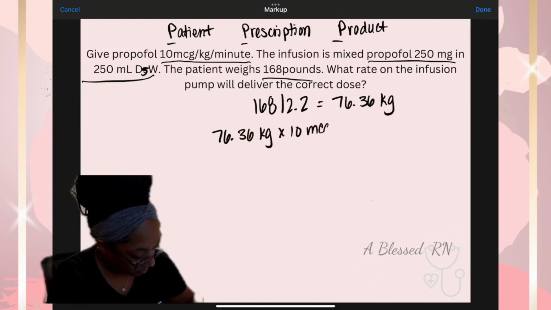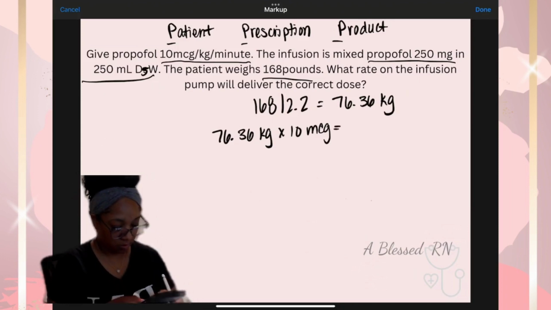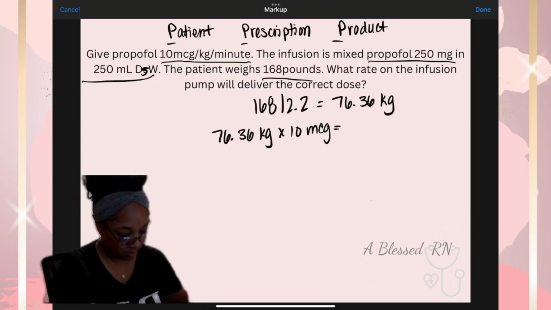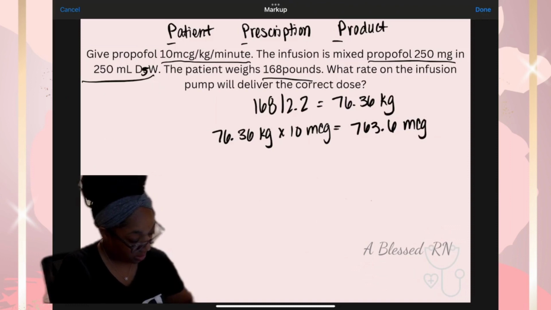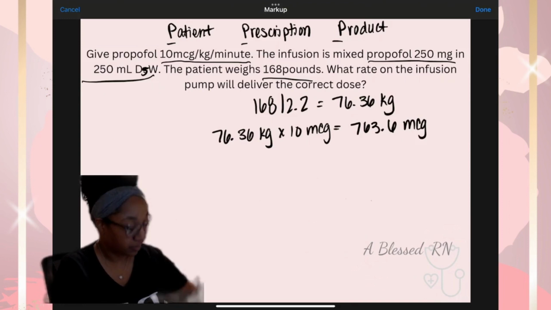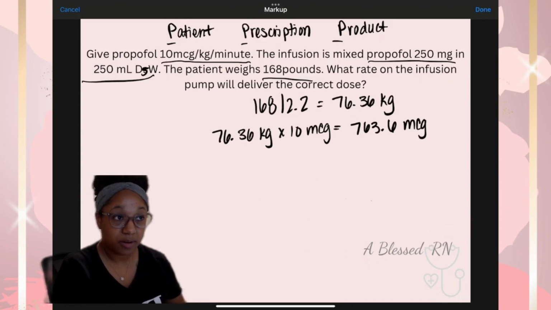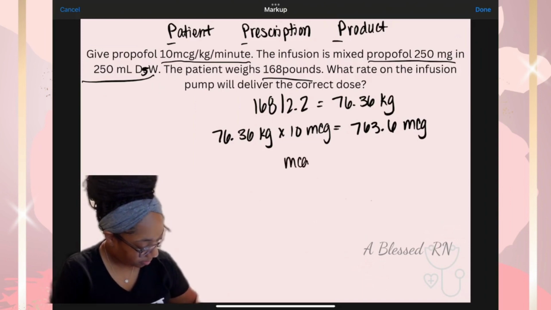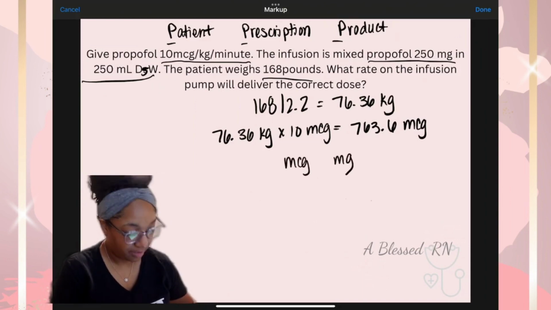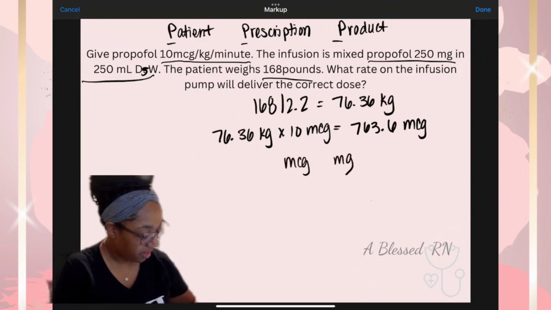All righty. So times 10. It's going to be 763.6. Okay. That's micrograms. And what we need is milligrams, because your propofol is in milligrams. So we're going to have to convert it, right? So from microgram to milligram, a microgram is smaller than a milligram.